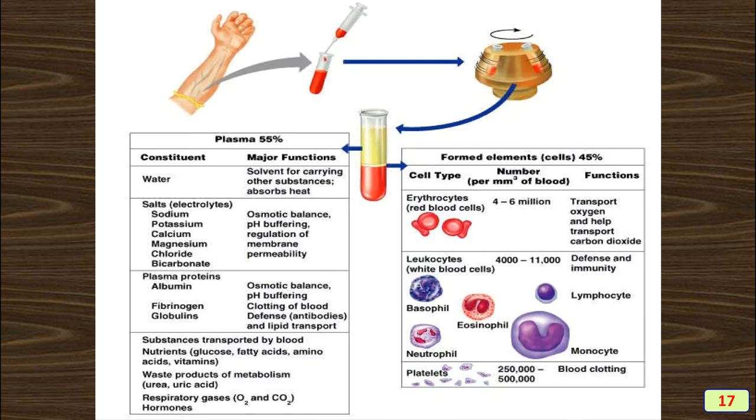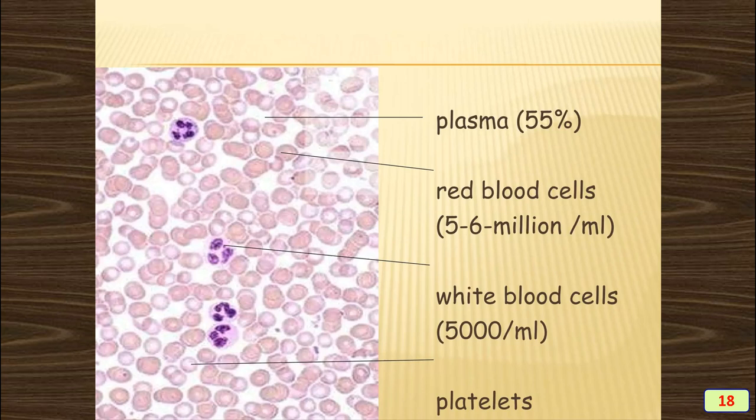The leukocytes are classified into basophils, eosinophils, and among them the most dominant cells are the neutrophils. Whereas the platelets account for 250,000 to 500,000, which are required for blood clotting, one of the important mechanisms.